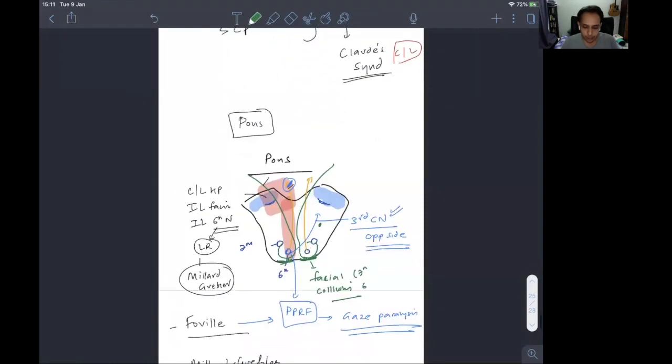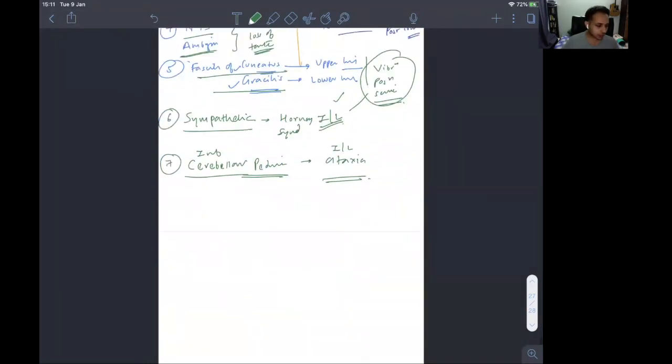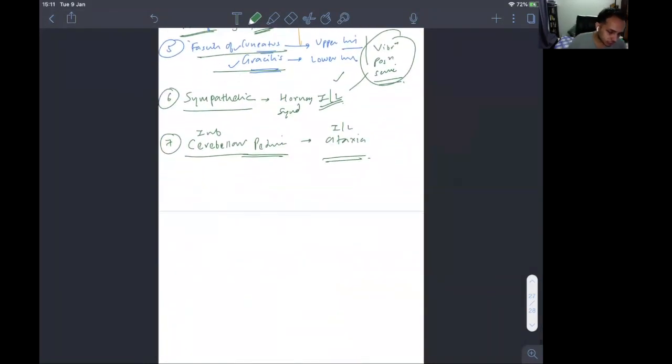In lateral medullary syndrome, your fifth nerve nucleus is also involved. In the fifth nerve, there is something called the descending nucleus, and this is what supplies sensation to your face.